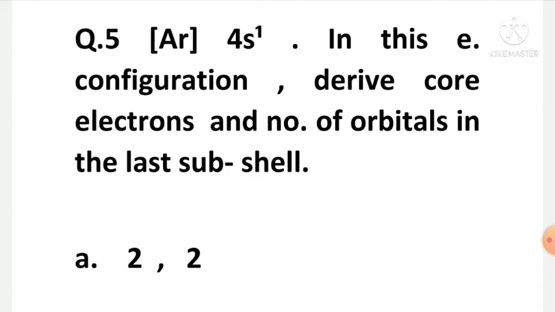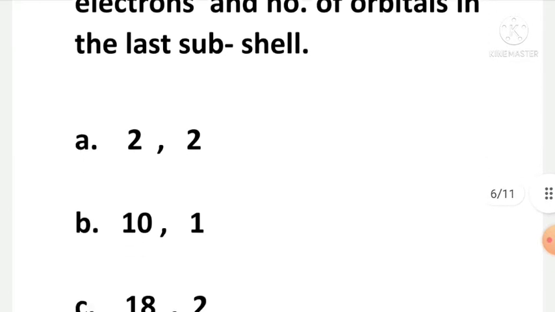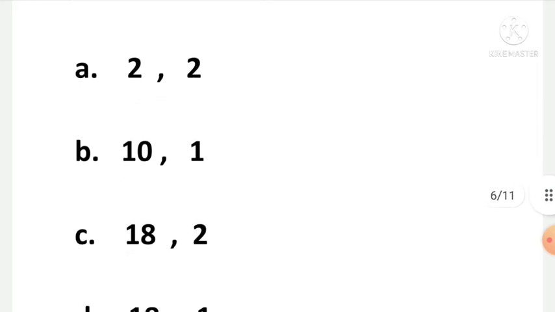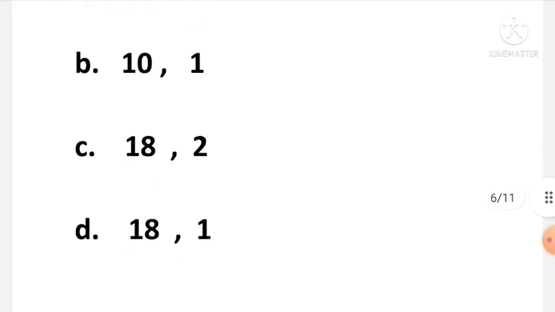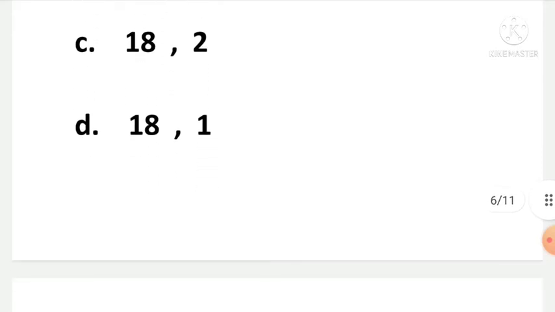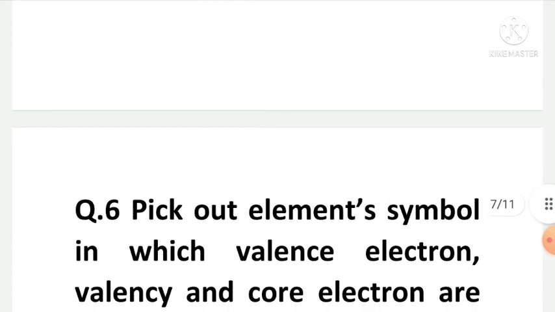So you have to draw the orbitals and derive the correct answer. A 2 and 2, B 10 and 1, C 18 and 2 and D 18 and 1. So you have to select the correct answer.